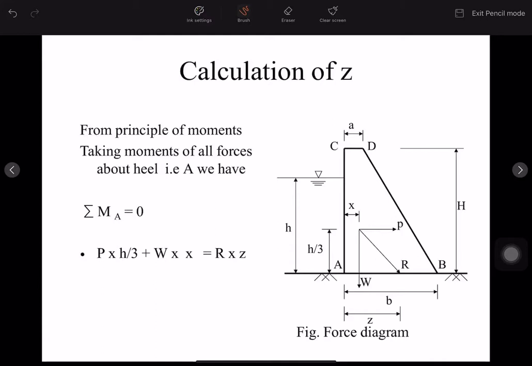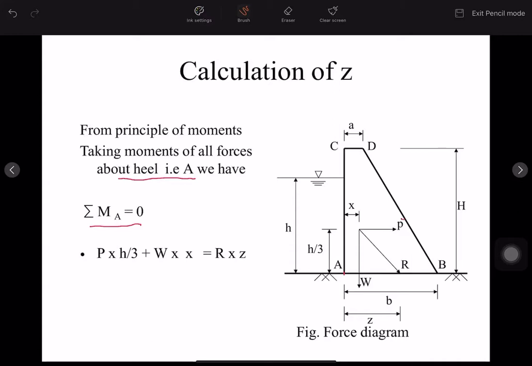By using the principle of moments, we can write a moment equation about the heel, that is point A. So taking moments of all forces about the heel, that is A, we have sigma MA equals 0. What forces are acting about A?